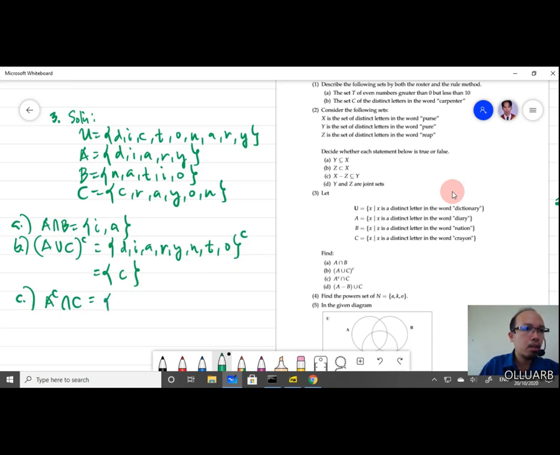First take the complement of A. The complement of A is the set of elements in U that do not belong to set A. So we have C, T, O, N, and the others not in A. So this is the complement of A, intersection with C, which is crayon.